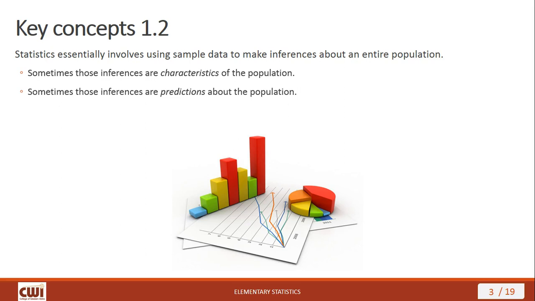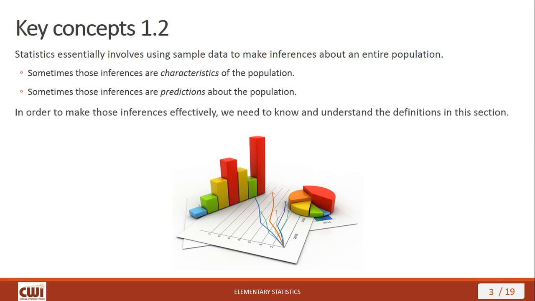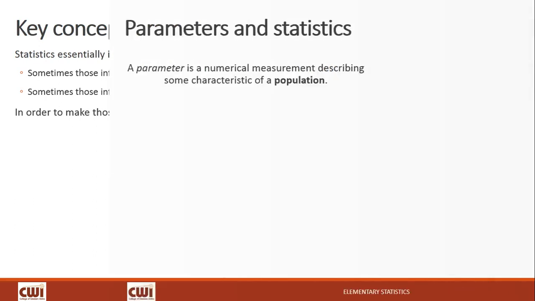We're going to talk about what the population is going to be instead of what it is now. Either way, we can use statistics to get to those inferences and conclusions. But in order to do that effectively, we need to know and understand the definitions in this section. So let's go ahead and dive in.